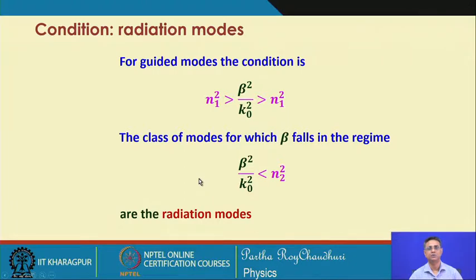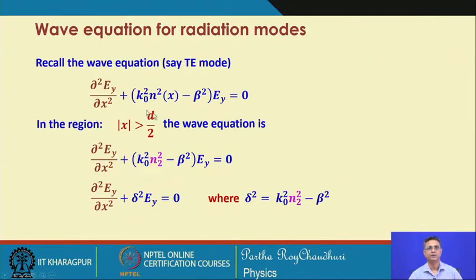And why is it so? Let us recall any of the wave equations, for example, for the TE mode. In the region mod x greater than d by 2, that is the cladding region, the wave equation can be written in this form, because n square of x is a constant value n 2 square.